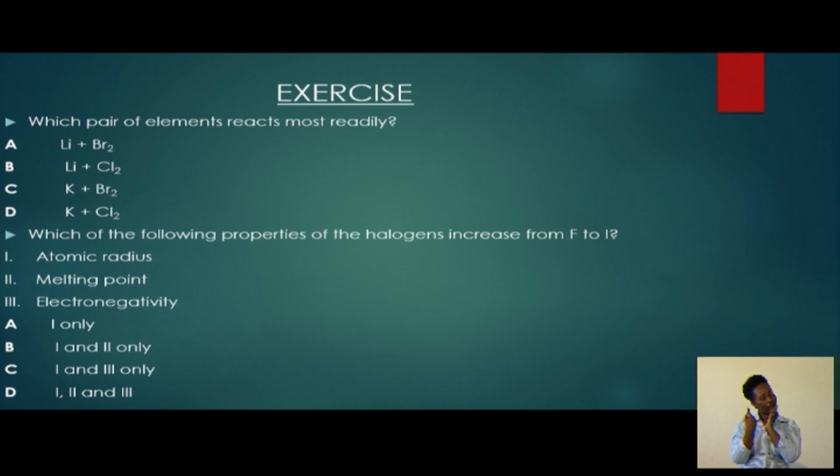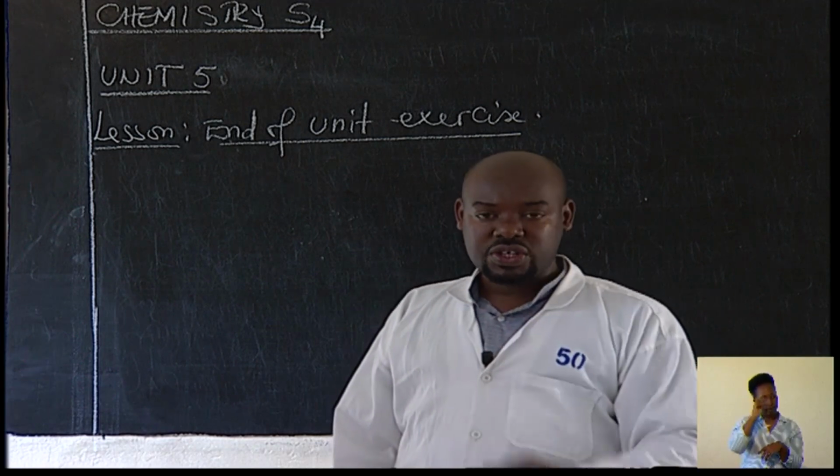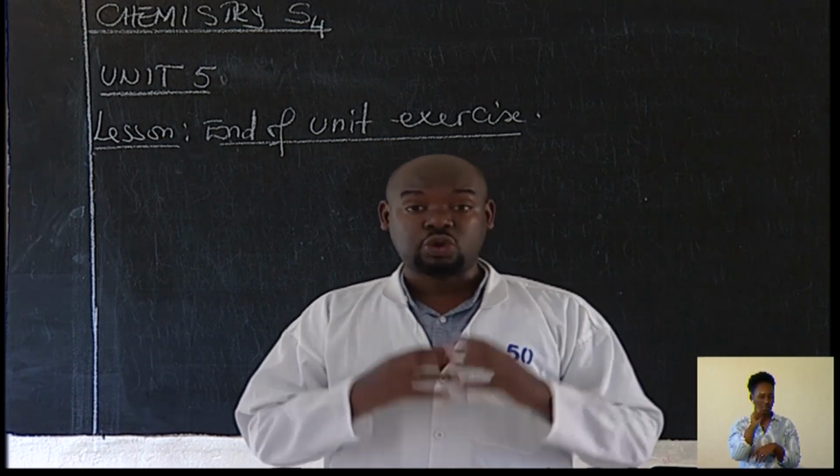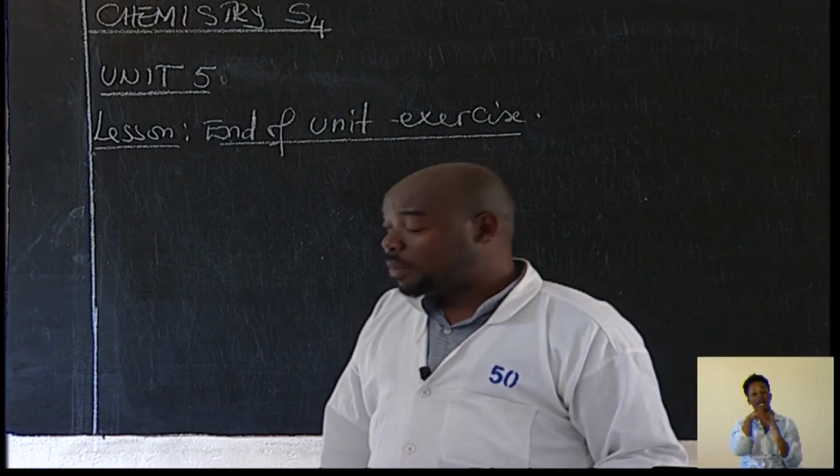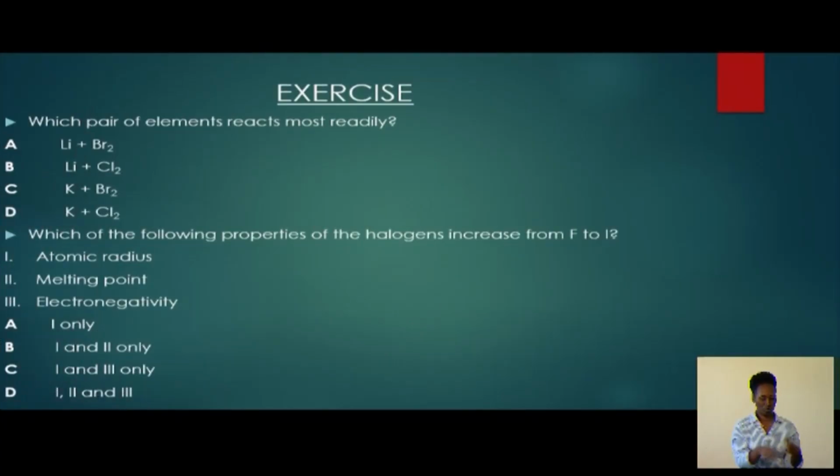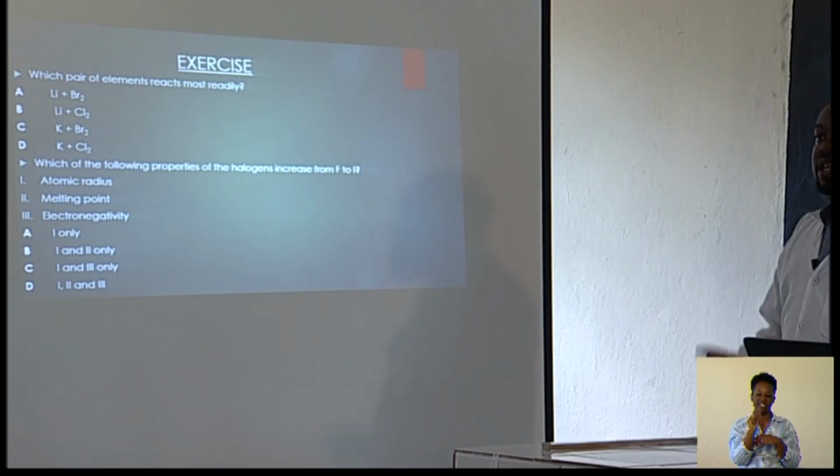We said that metals react by losing. And as we go down the group, remember, ionization energy decreases. So it becomes easier to lose. So potassium will be the one to lose more easily than lithium.